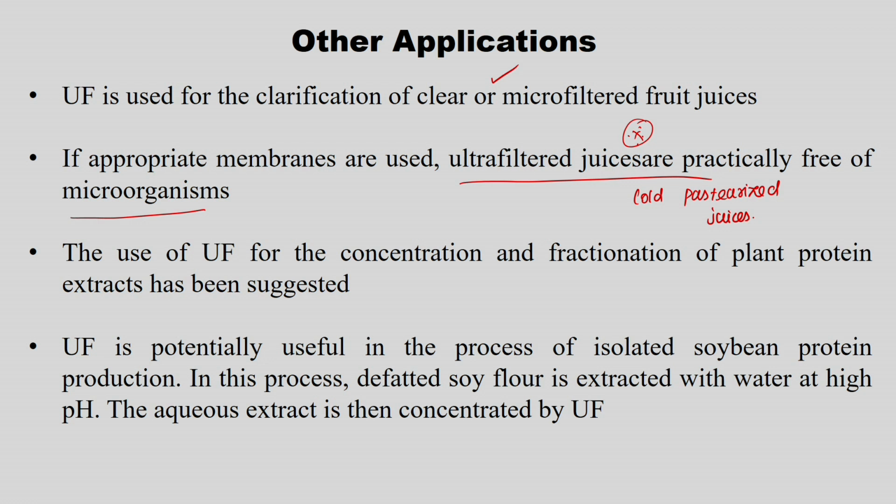This is the best alternative to thermal processing, because in thermal processing the nutrients also get damaged, but here the nutrient value is retained, which is an advantage. So, if appropriate membranes are used, we can cold pasteurize using ultrafiltration.